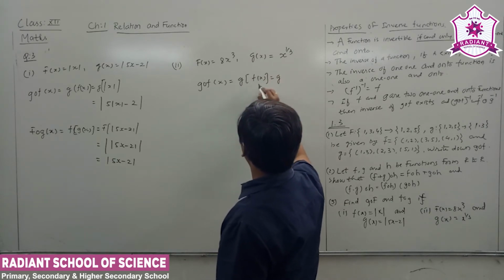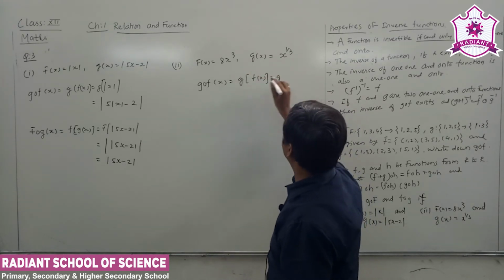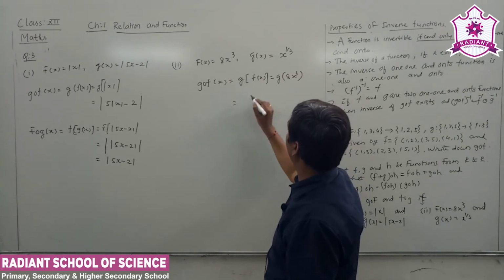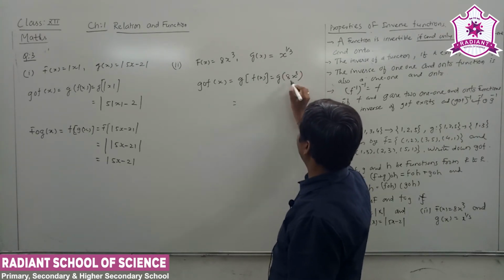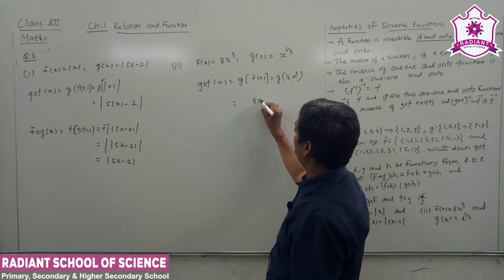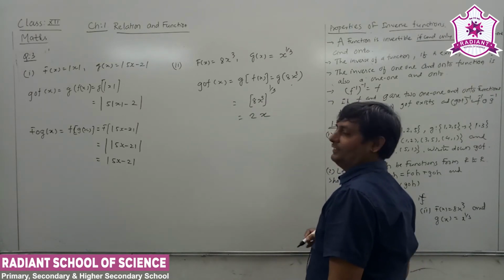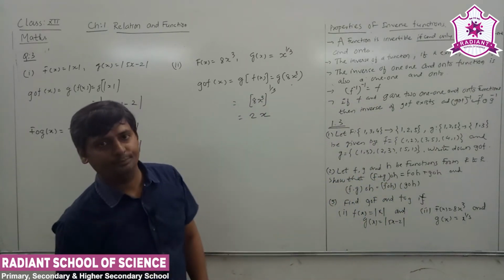So f of x is 8x cube, put it in the place of x in g. So 8x cube, raised to 1 by 3. So simple, 2x. So this is the answer.